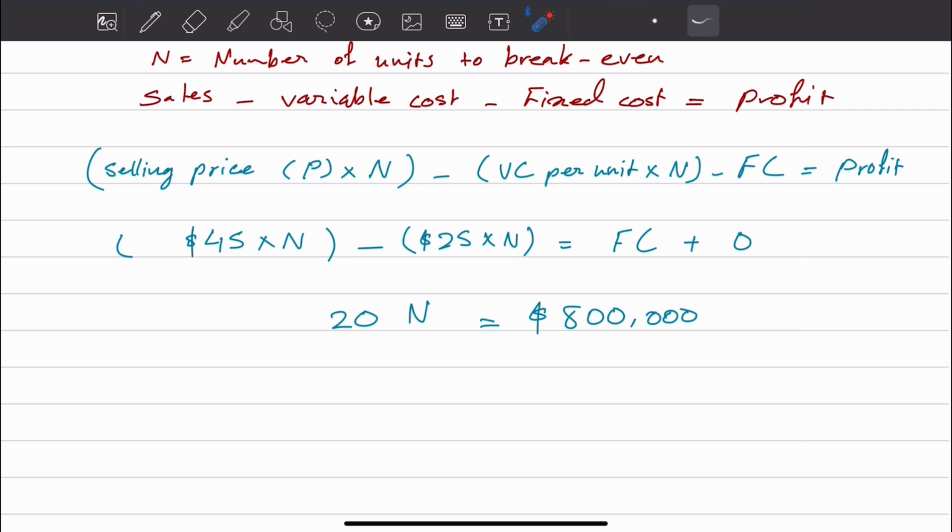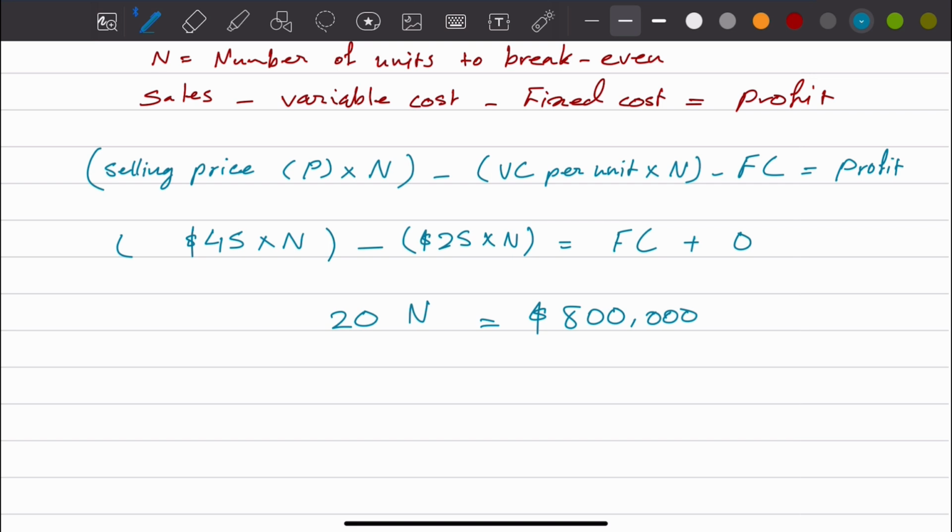And now we want to remove this 20 from here. So all we need to do in order to achieve that is just divide both sides by 20. So the 20 is going to be eliminated, and we're going to be left with N equaling the break-even number of units.